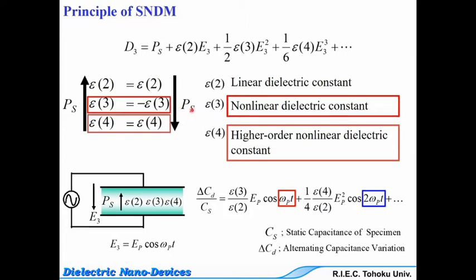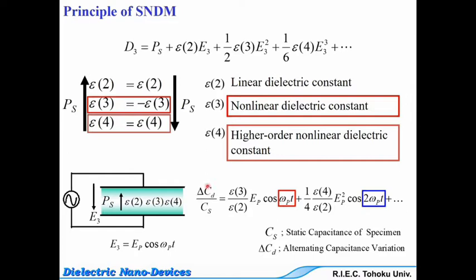To detect epsilon3 only, we apply a sinusoidal electric field with amplitude EP and angular frequency omega p to the material to be measured. If we apply this electric field to the capacitor made of the material to be measured, alternating capacitance variation occurs.